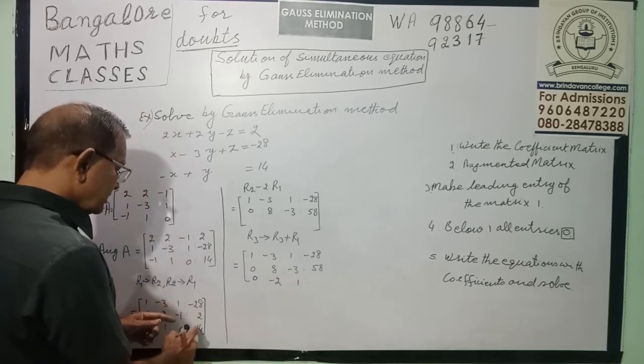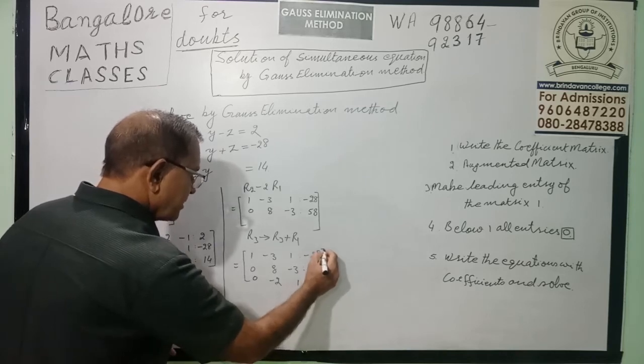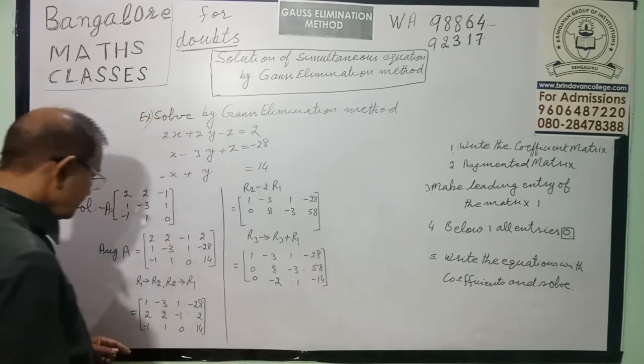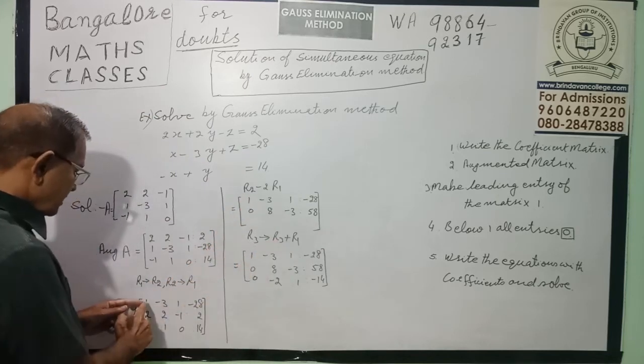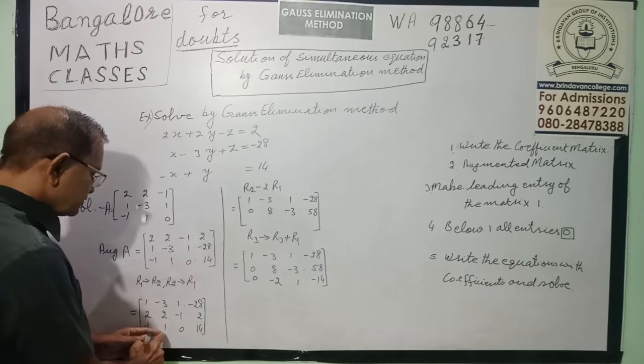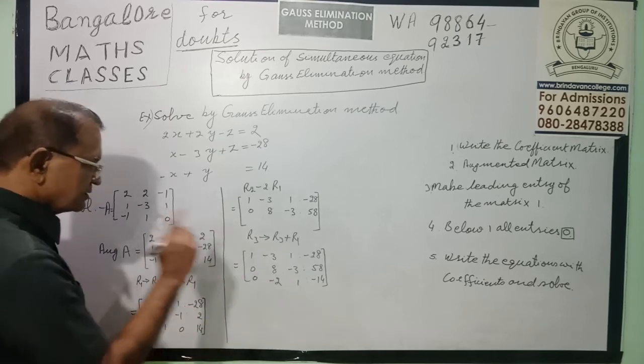Then 1 and 3, minus 40. See this once again. R3 to R3 plus R1. Add these two, 0. Add these two, minus 2. Add these two, 1. Add these two, minus 40.